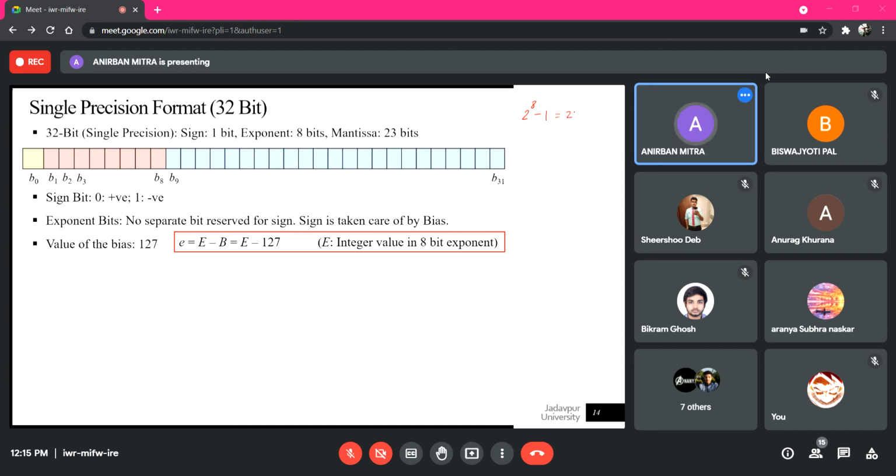This becomes 255, divided by 2. That makes it 127.5. You drop this part. So the integer part of (2 to the power m minus 1) divided by 2 gives us 127.